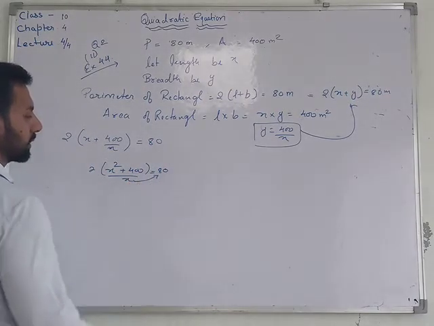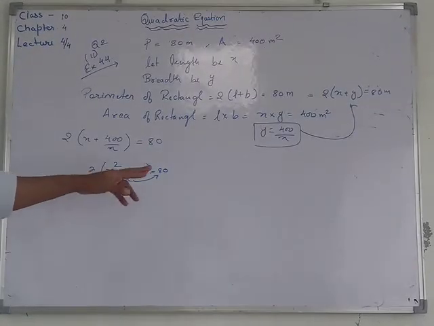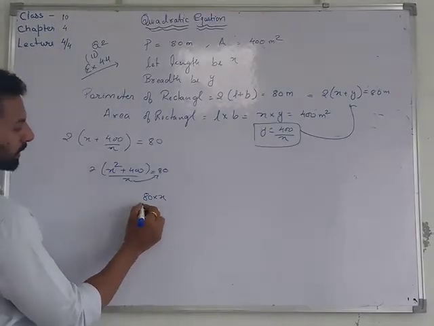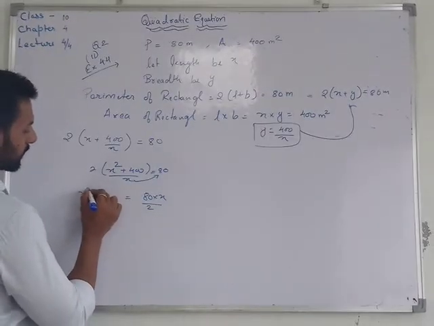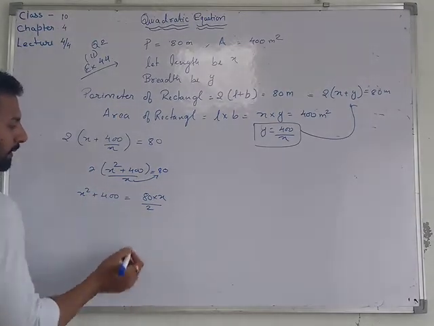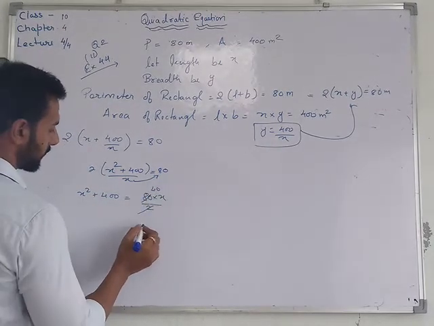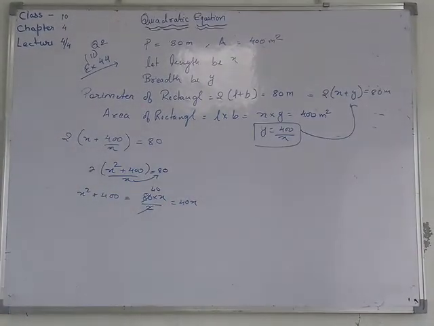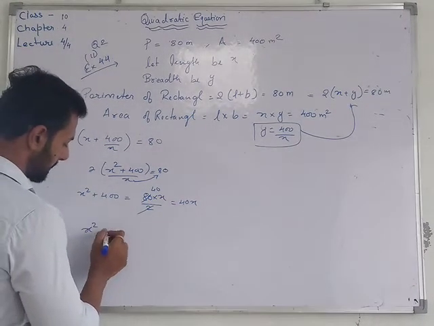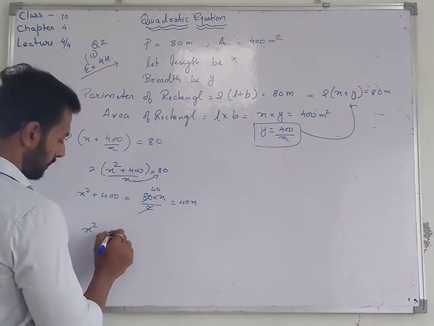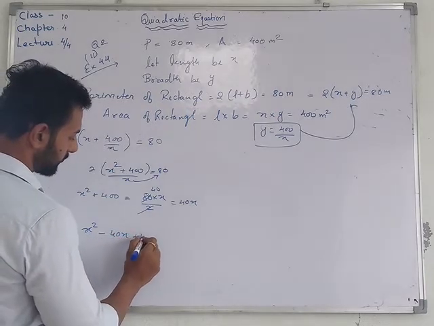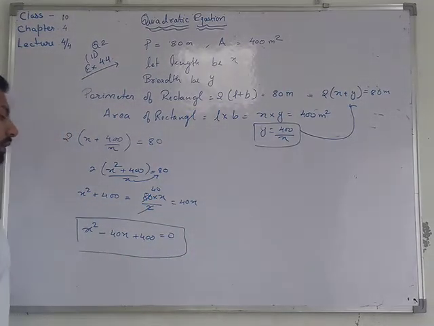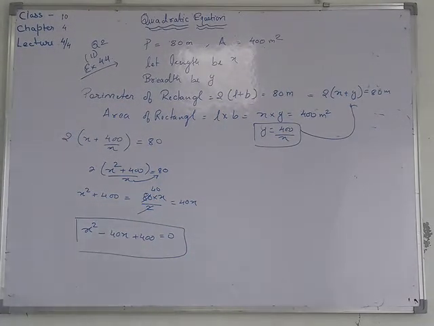Taking this x in the numerator, 80 into x, taking this 2 in the denominator, so this will be 2 is equal to x square plus 400. This will be cancelled out, 40, so this will be 40x. Taking this 40x in the left hand side, x square minus 40x plus 400 is equal to 0.